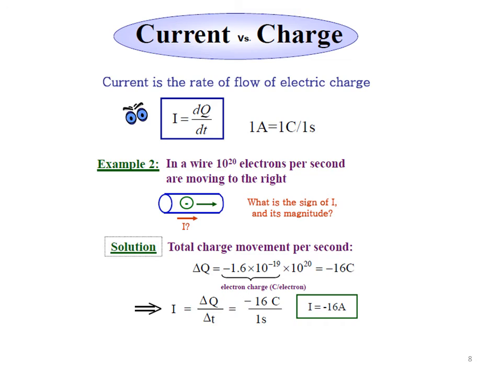So the total charge movement per second is minus 16 coulomb. It means we have I equals delta Q divided by delta T equals minus 16 coulomb divided by 1 second. So we have I equals minus 16 amps.